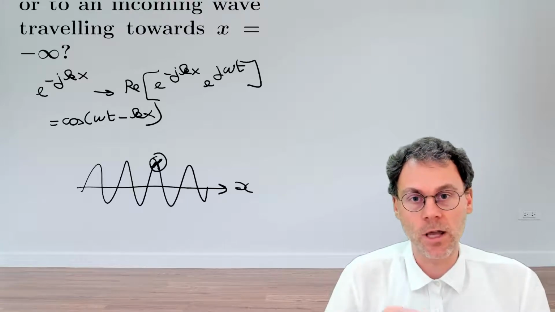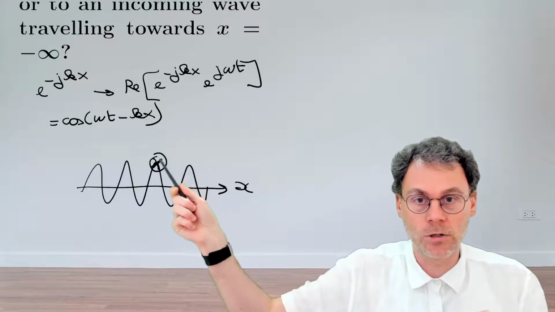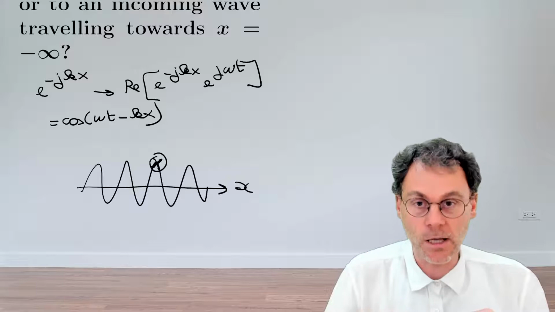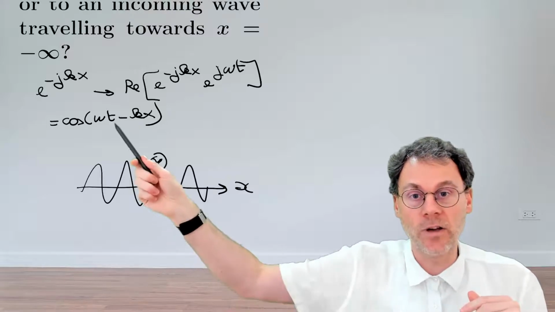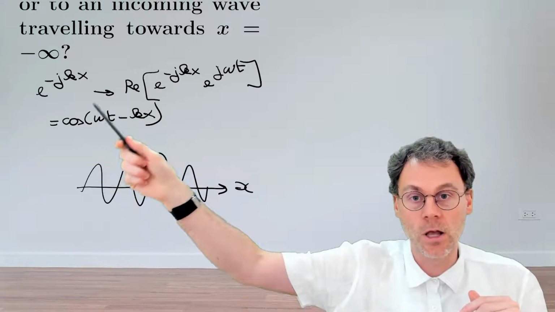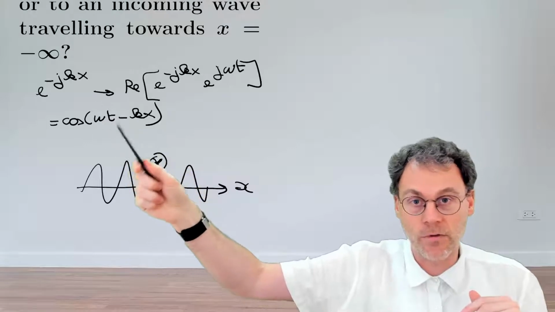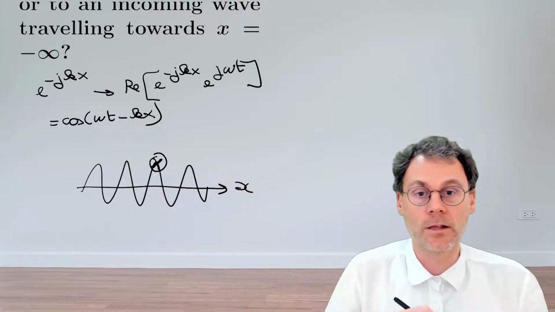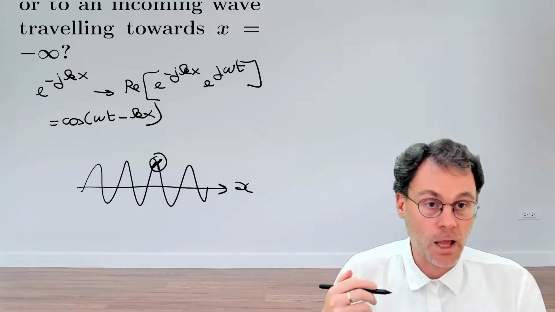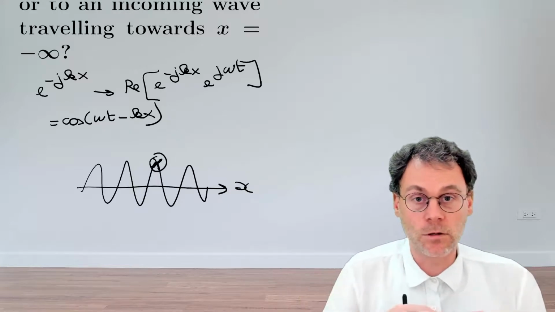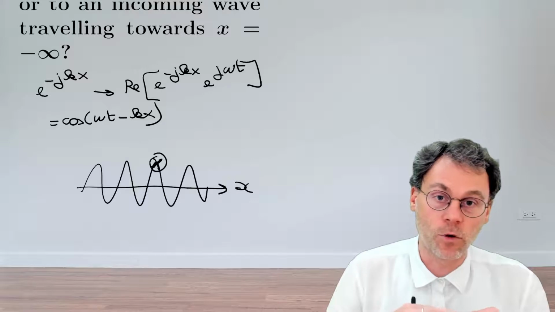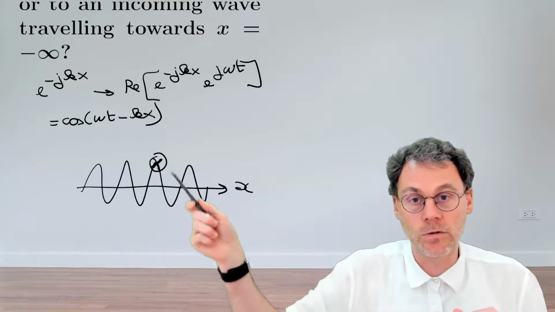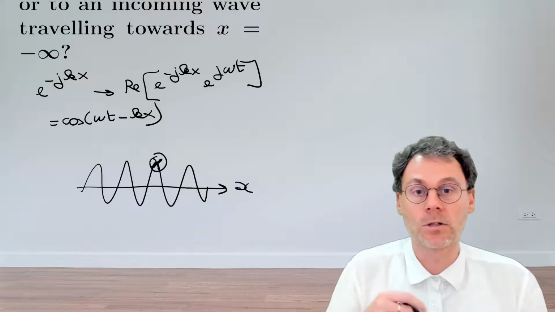We're looking at a single fixed point on our wave pattern. The way we do that is by looking at fixed arguments of our cosine. As soon as the argument is kept fixed, we're studying a single fixed point on that wave pattern. Of course, that fixed point could occur at different points in space, and also at different times. The important part is that we're focusing on a single part of that pattern.